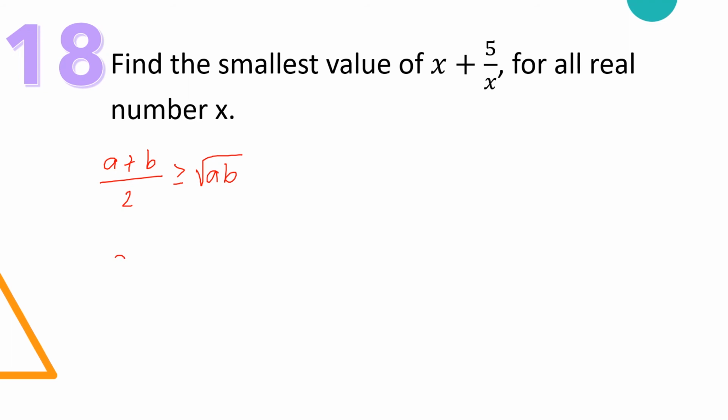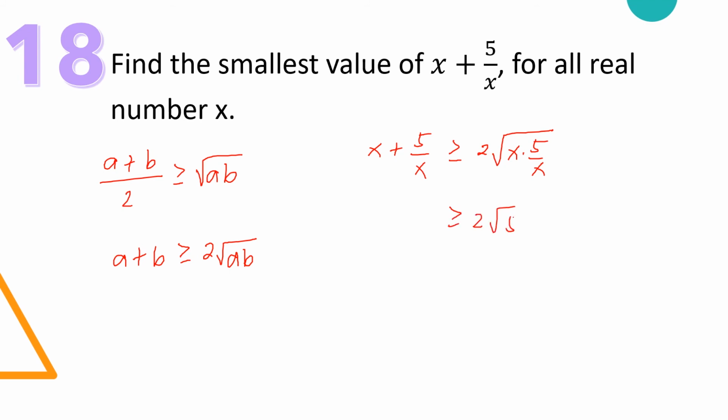Hence, we have a plus b is greater than or equal to 2 times the square root of ab. If the two numbers are x and 5 over x, then we have x plus 5 over x is greater than or equal to 2 times the square root of x times 5 over x, and that is 2 square root of 5. Therefore, the smallest value of x plus 5 over x is 2 square root of 5.